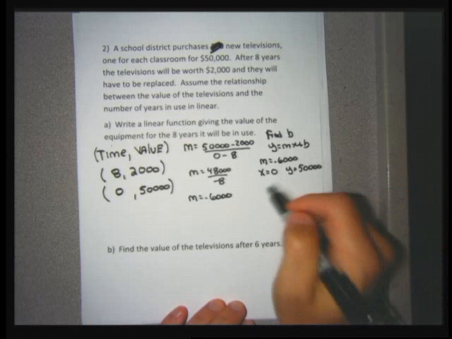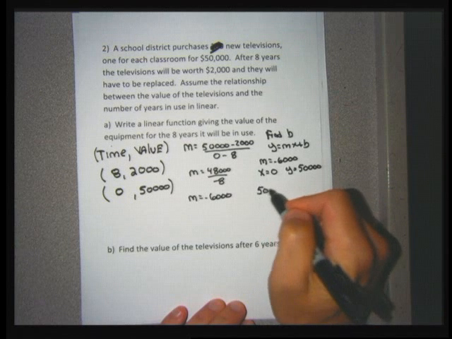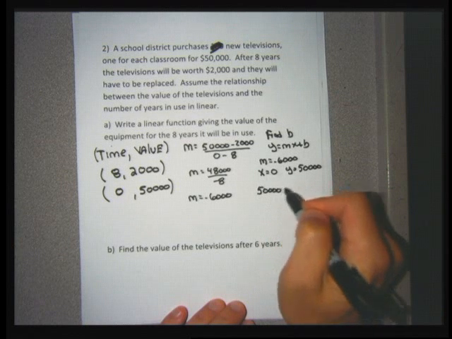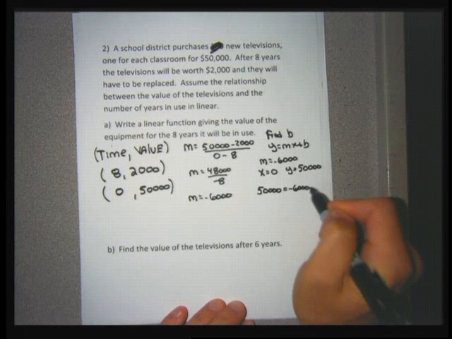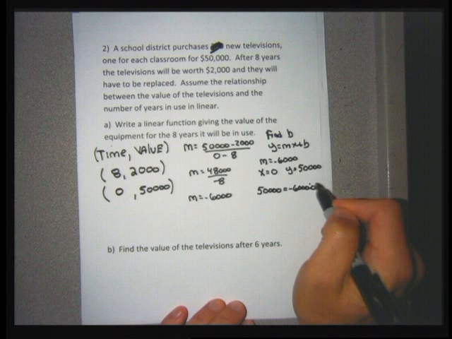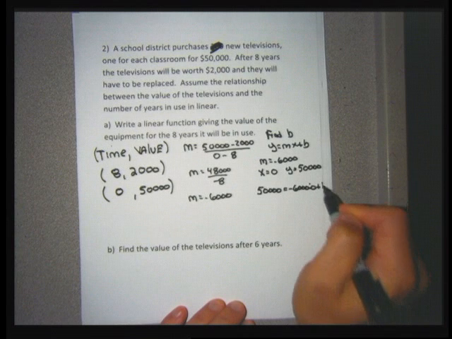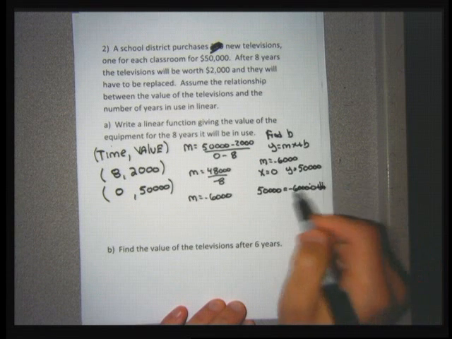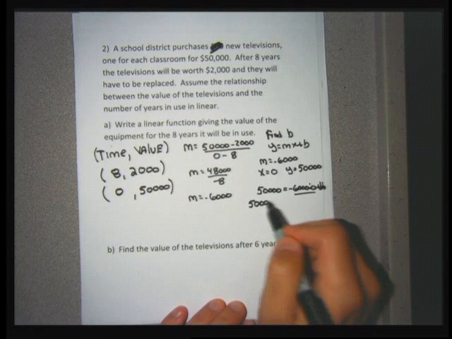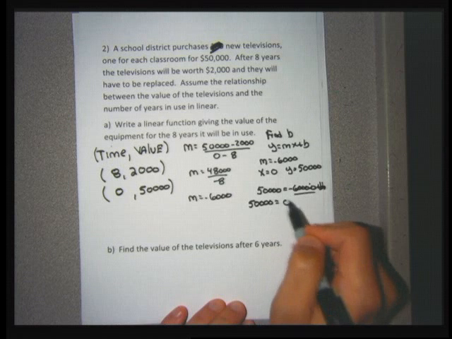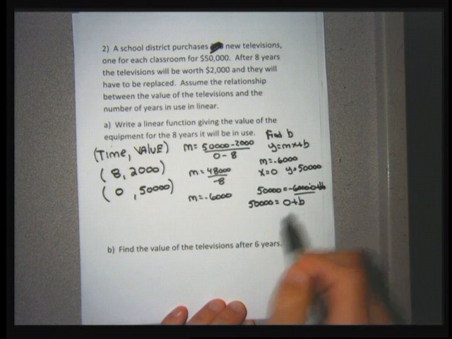Plugging those into that formula, I get 50,000 equals negative 6,000 times 0, plus b. Negative 6,000 times 0 is 0. So this is going to give me 50,000 equals 0 plus b. So that's going to give me b equal to 50,000.